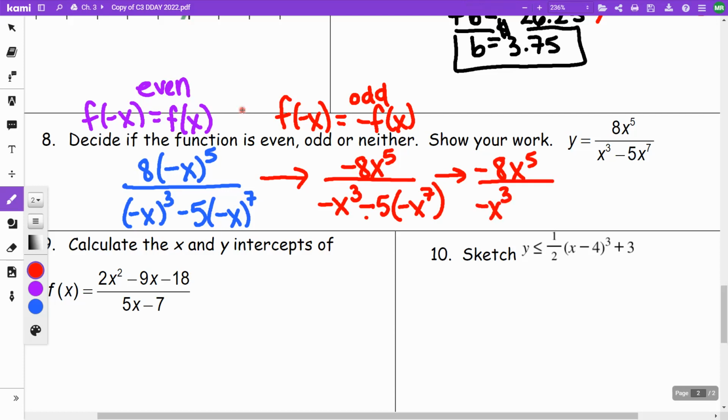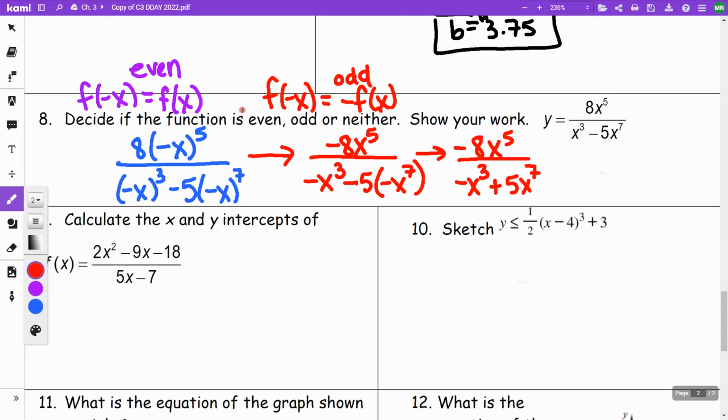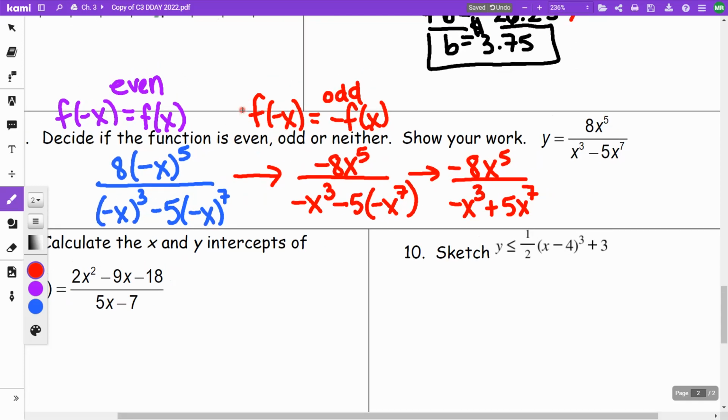And here a negative times a negative ends up being a positive 5x to the 7th. So what I want to do is look at that and compare that to this and see what happens.